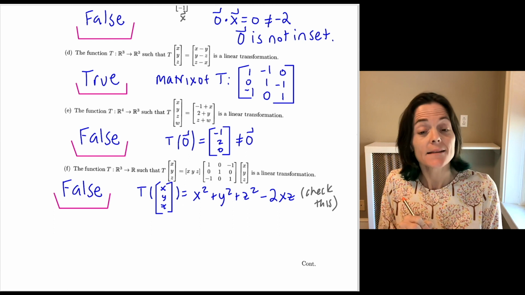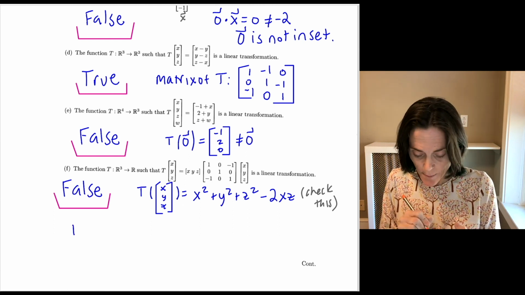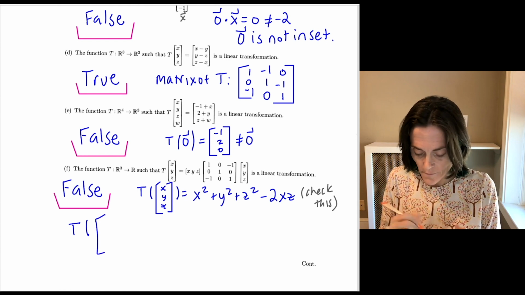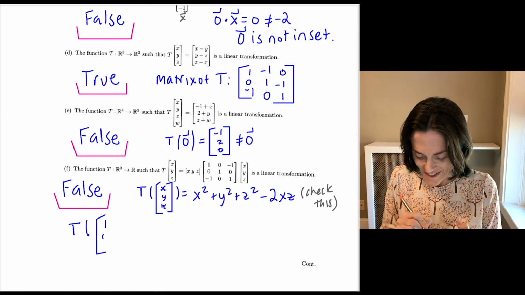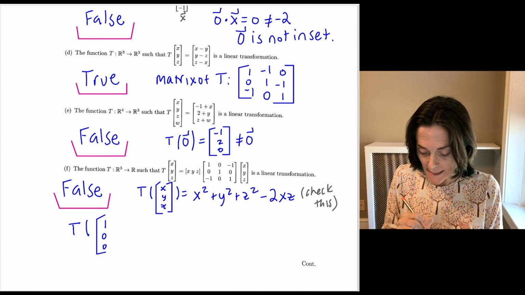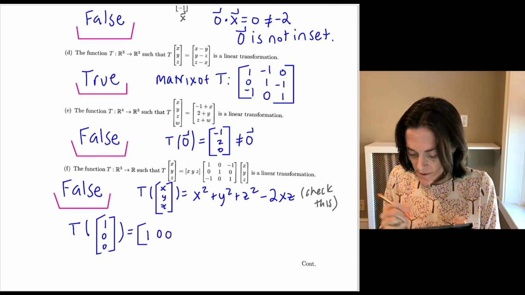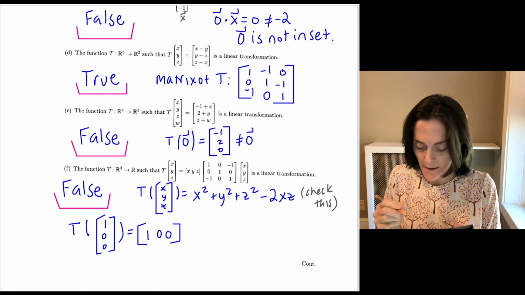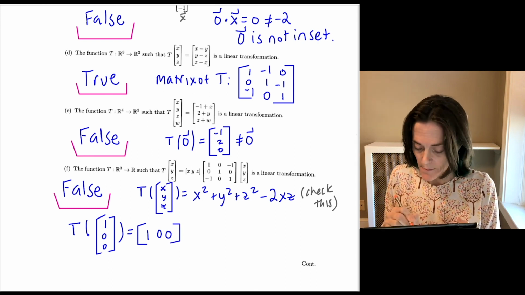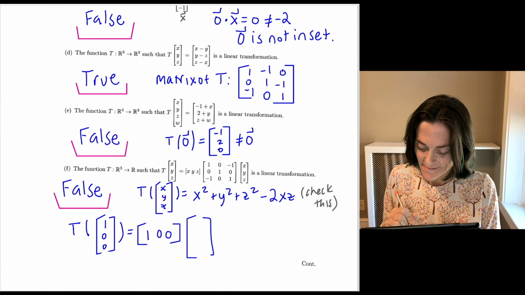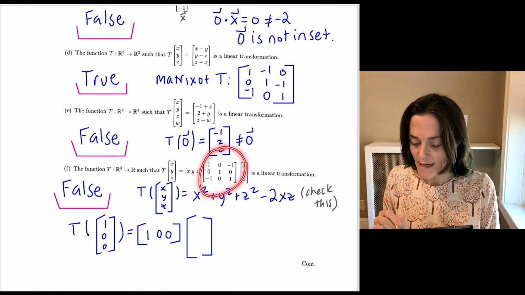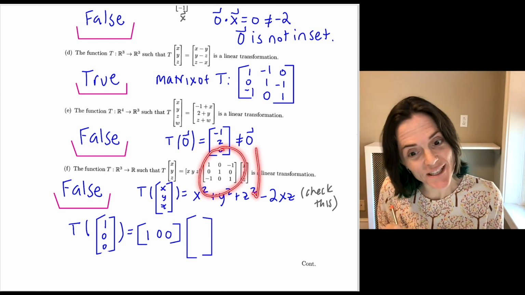T of 0 is 0, so it's not the same reason as in E. But let's take T of 1, 0, 0. Here, I'll actually take time to write this out. We have 1, 0, 0, and then it's going to be times, well, if I take this matrix times 1, 0, 0, it's just the first column of the matrix.